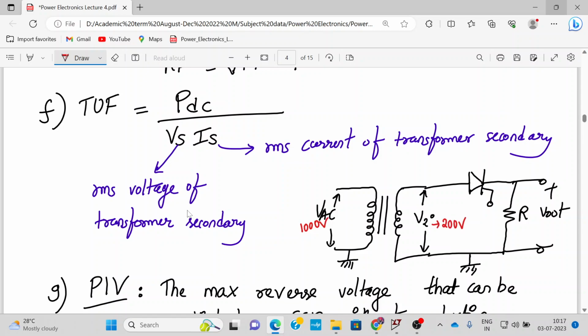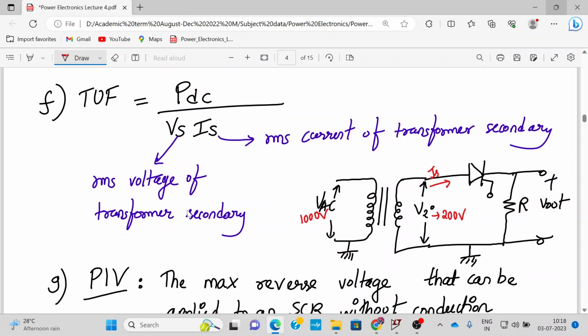This secondary voltage of the transformer in RMS form is my VS, and IS is the RMS current of the transformer secondary. The current flowing over here is my IS. This is the transformer utilization factor.